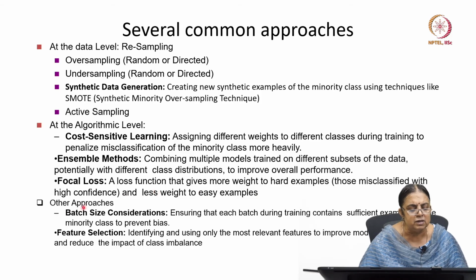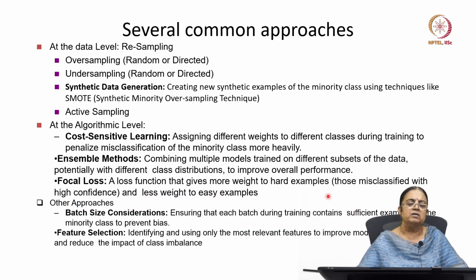And you can use other approaches like batch size considerations, ensuring that each batch contains sufficient examples of the minority class. That is something like ensemble learning. And you carry out feature selection, identifying and using only the most relevant features.